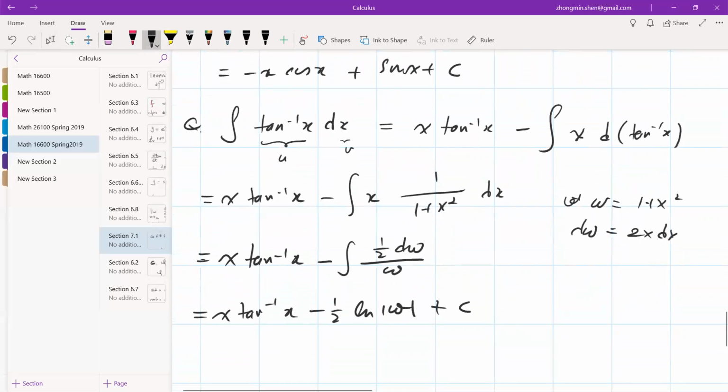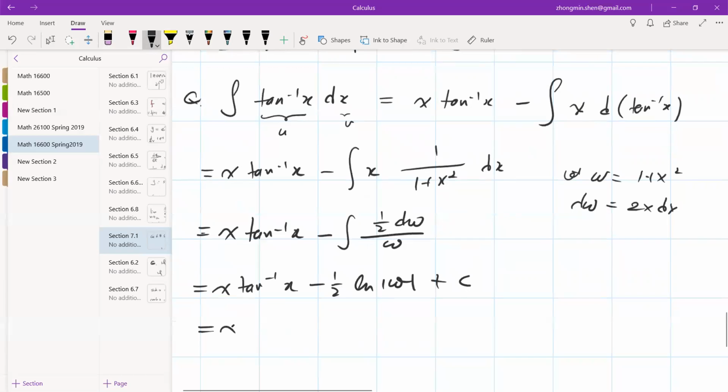The w is always positive, so the absolute value is itself. So that's it. Yeah, it's a pretty strange function, right? The derivative of this function is going to be arctangent x.